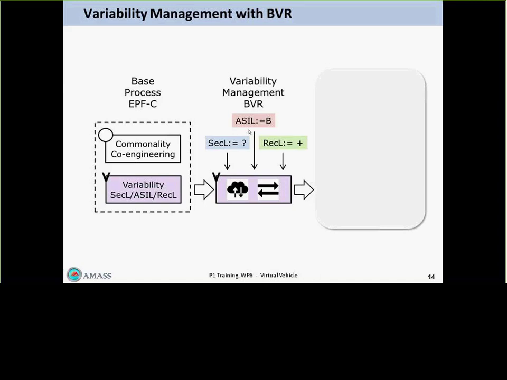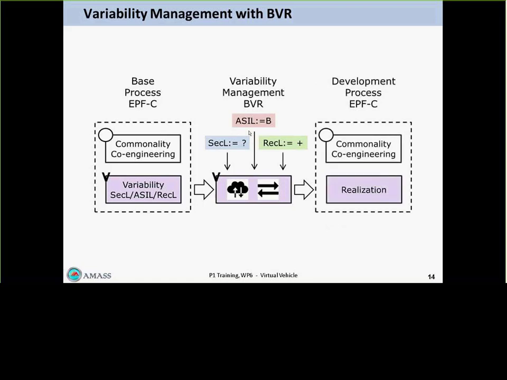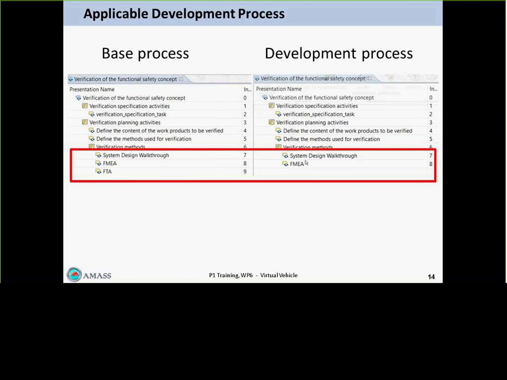With the help of these parameters, we remove the FTA or other unwanted activities. And so we have the development process, which is a project-specific process. And if we go to the EPF-C, we will see that the FTA has been removed from the work breakdown structure.